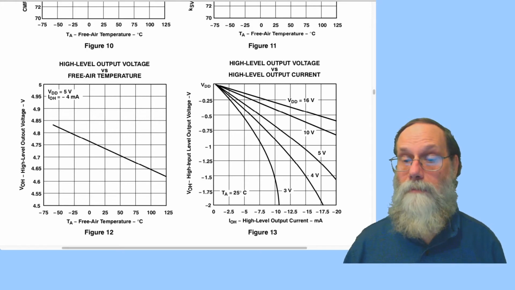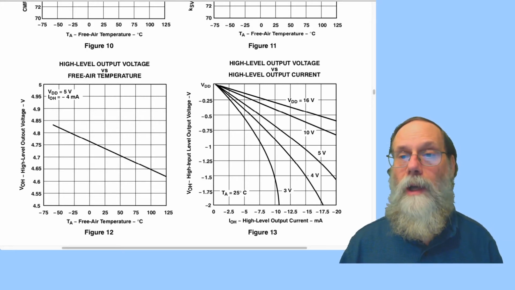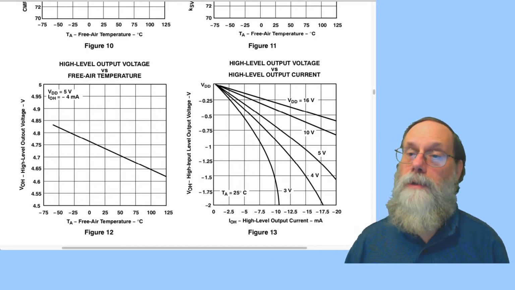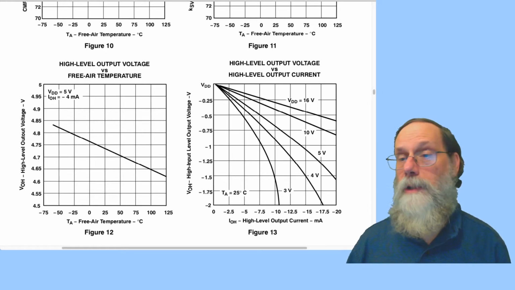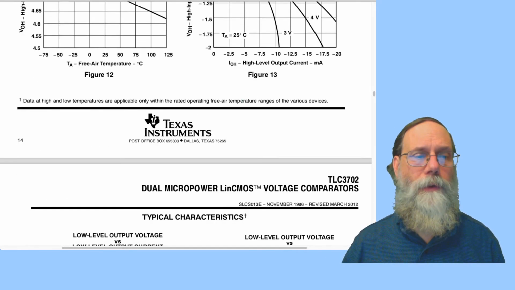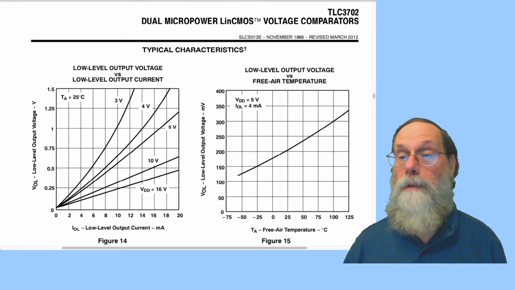If we look at 10 milliamps, to make division easy, it looks like about 650 millivolts. So 650 millivolts divided by 10 milliamps is about 65 ohms R-on for the PFET.